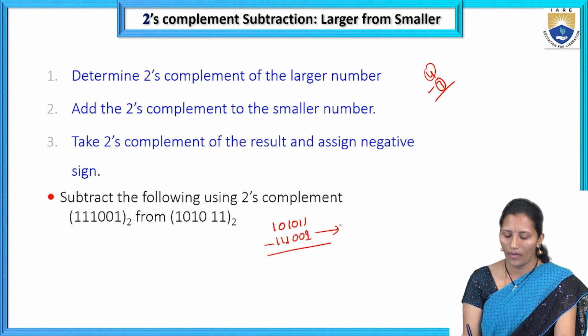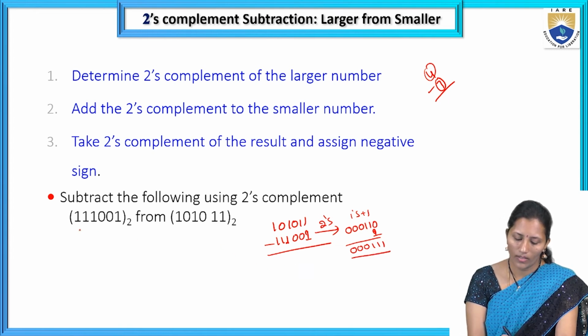Okay, find out the 2's complement of the subtrahend here. So 2's complement is 1's complement plus 1. So 1's complement is 0, 0, 0, 1, 1, 0 plus 1. That is 0, 0, 0, 1, 1, 1. Okay, 2's complement method. So add this value to the minuend.